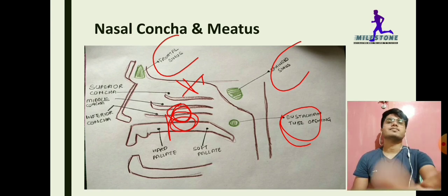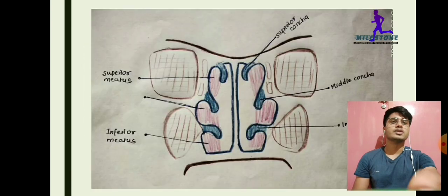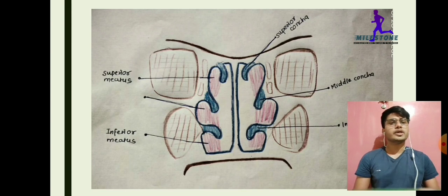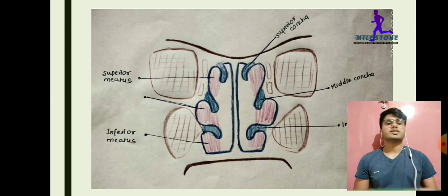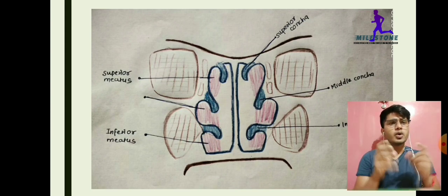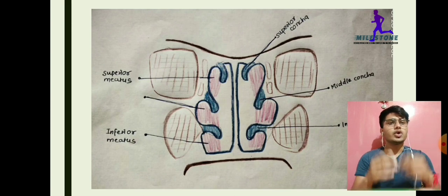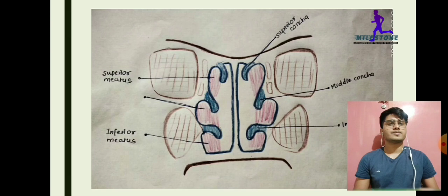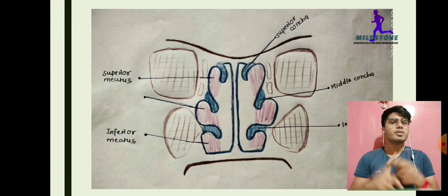Okay, so yes, let's go further. Now before I go into the detail, let me tell you something more about these sinuses. The ethmoidal sinuses particularly are not one or a couple, but they are multiple. Remember this fact, ethmoidal sinuses are multiple.